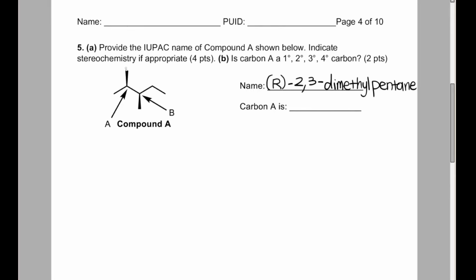So a methyl group, that's one carbon, so that's one. That's another carbon on this methyl group, and then this is a carbon. The last thing it's attached to is a hydrogen, but we don't count that. When we're determining primary, secondary, etc., we're just counting the number of carbons that this carbon in question is attached to. And since it's attached to 3, that would be a tertiary carbon.